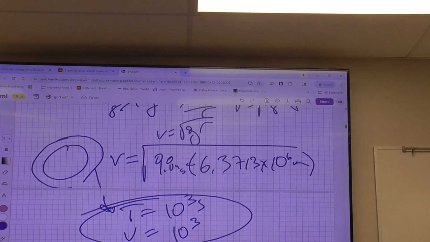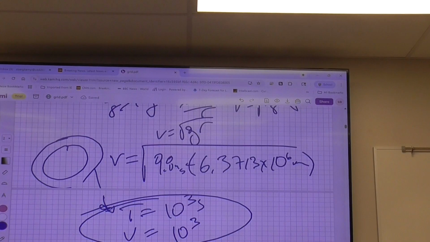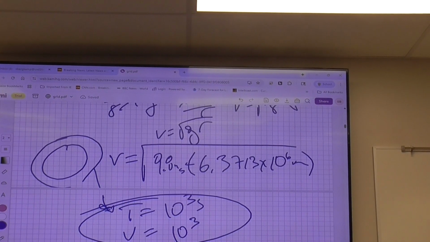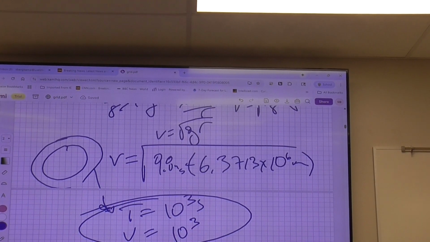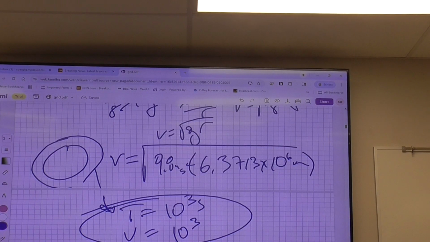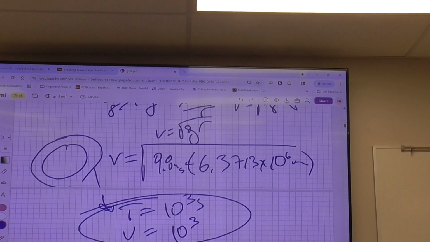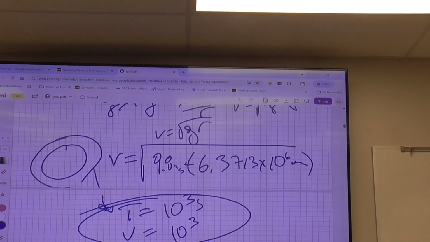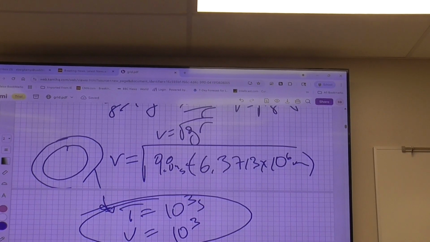Here are your magic numbers. The same thing is going to be true of the Moon. Orbital velocities and orbital periods around the Moon are going to be 10 to the third. If you ever get 10 to the 6th, you probably forgot to take the square root of something. Probably. Just saying.